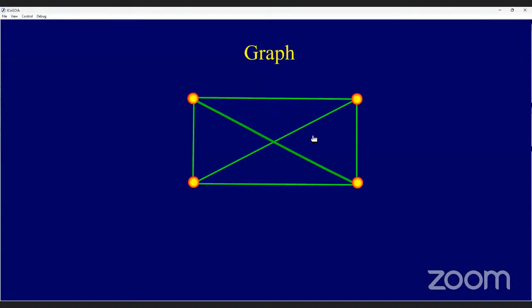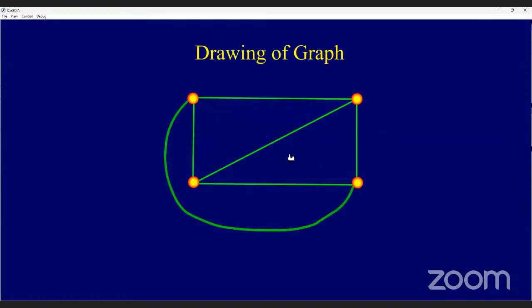If they are crossing, then you can just move the other one, then it becomes like that. So here you have no crossing anymore.